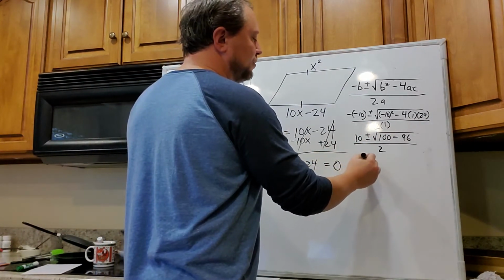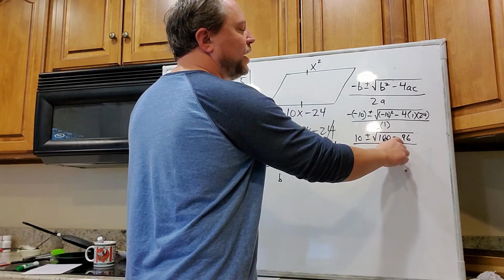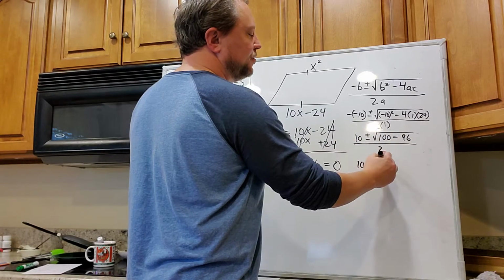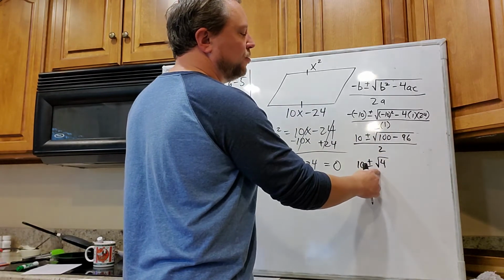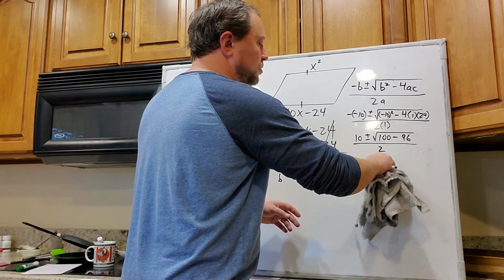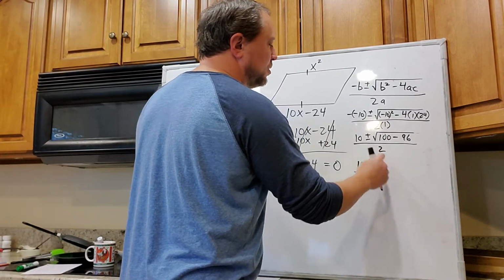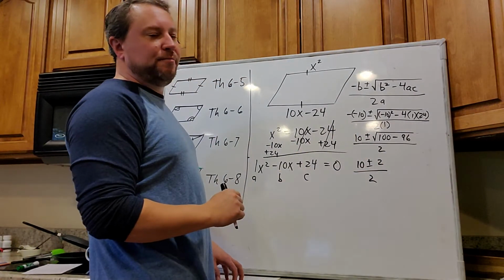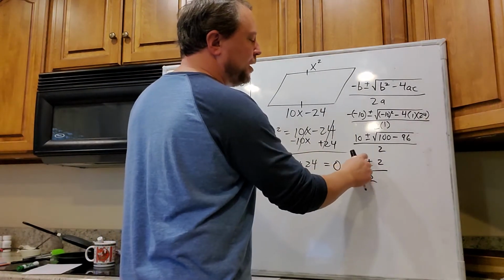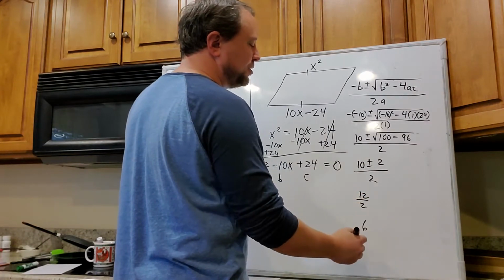All right, let's do some more simplifying. 100 minus 96 is 4, and the square root of 4 is just 2. Don't forget over 2 yet. 10 plus 2 is 12. 12 divided by 2 is 6.